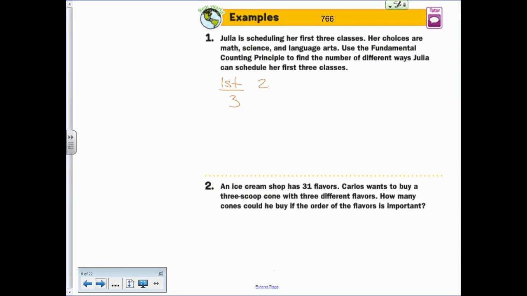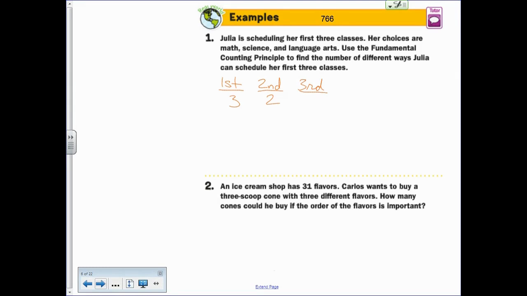But when she gets to the second class, she's already scheduled 1 class, so now she only has 2 other classes to choose from. So there are only 2 possible outcomes for the second class. Then when we get to the last class or third class, there's only 1 class left because she'll have already scheduled the other 2.